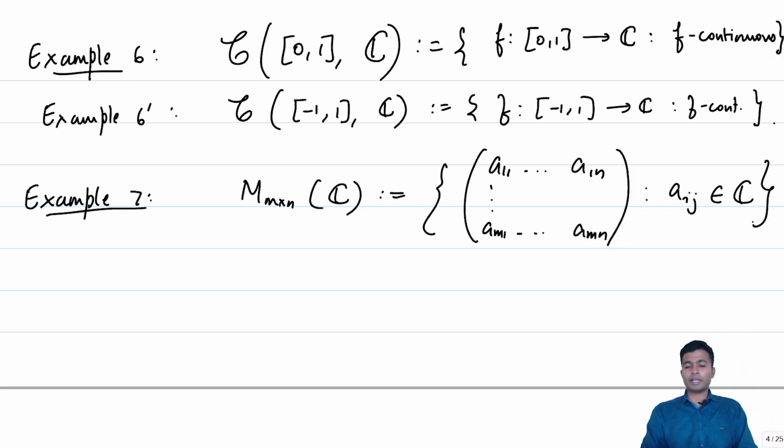And the vector addition is defined component wise, scalar multiplication is also defined component wise. So yes, we could consider vector spaces over complex numbers, and there are so many examples as we can see.